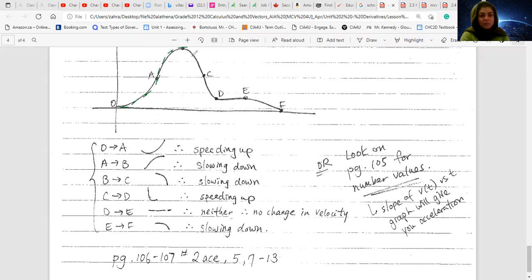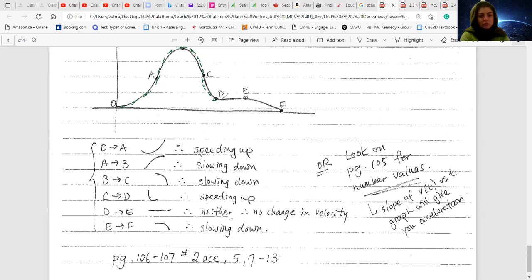From B to C is a speed up, but a speed up in the negative direction, see? It becomes a very negative slope. From C to D, assume that this is the curve and the slope is getting smaller and smaller.